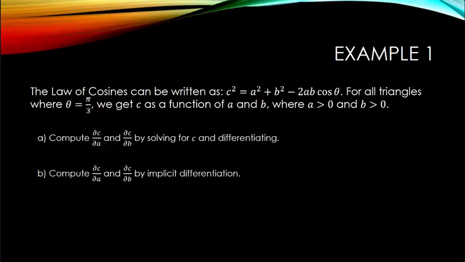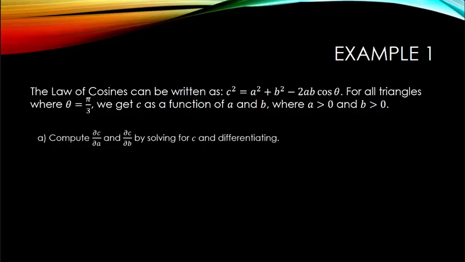So what I want to do is assume that theta is pi over 3 and compute the partial derivative of c with respect to a and the partial derivative of c with respect to b using the process of solving for c and then doing the differentiation. Then I want to compute the partial derivative of c with respect to a and the partial derivative of c with respect to b using implicit differentiation.